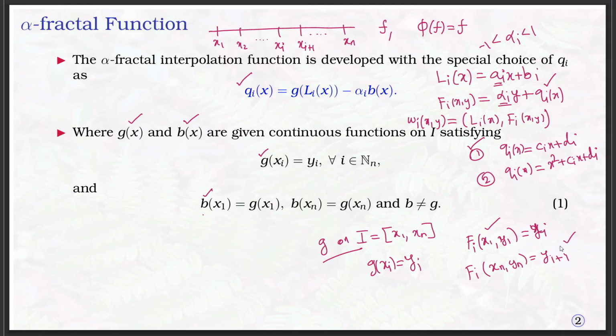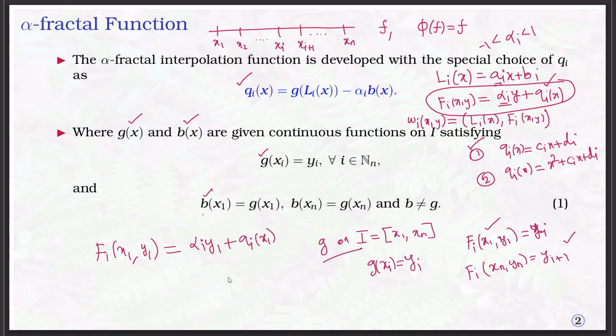Let us check what is Fi of x1 comma y1, which, with the Fi form given here, can be written as alpha i times y1 plus Qi of x1. Here if you replace x by x1 in Qi, one can get alpha i of y1 plus g of Li of x1 minus alpha i b of x1.